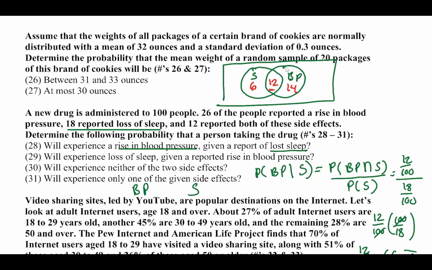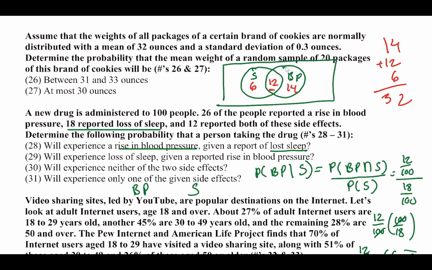Well, if you do 14 plus 12 plus 6, you get 32. So that means 32 people are suffering from those side effects.